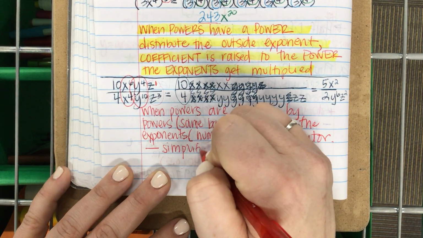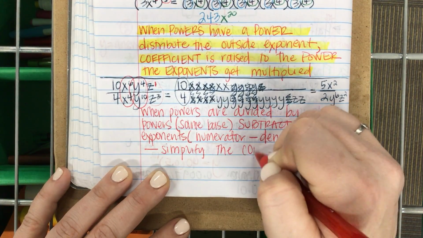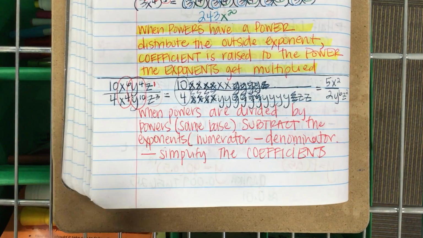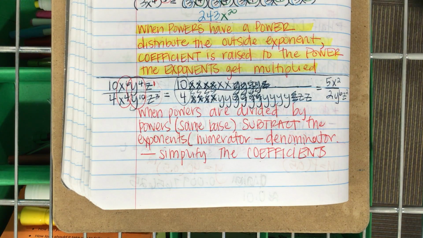Simplify the coefficients. When a power is divided by a power, meaning they have the same base, subtract the exponents. Numerator minus denominator. You also have to simplify the coefficients.